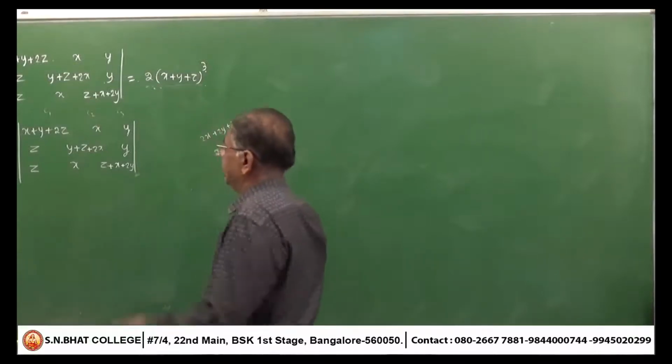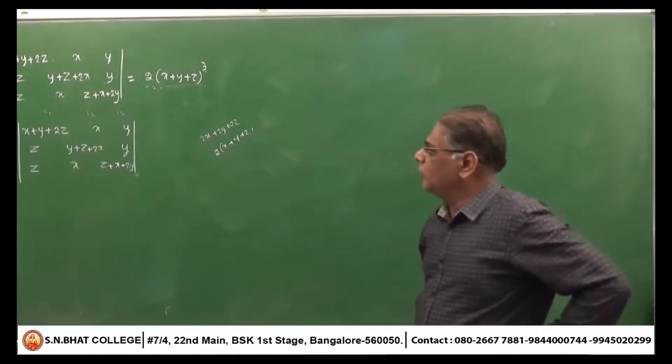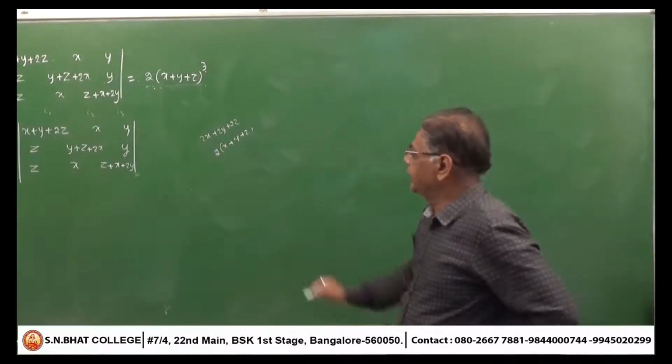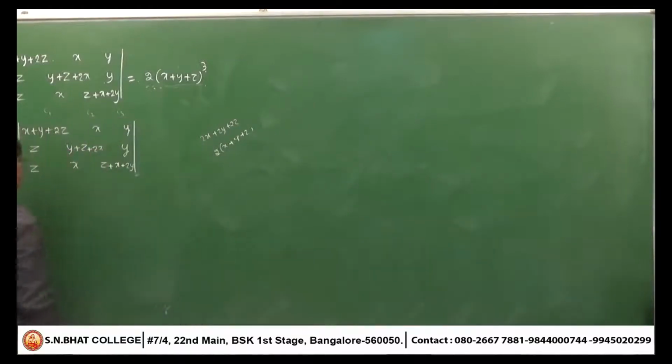Half of the answer you will get if you add all the three columns. In which column do you have to write it? You should write it in column number 1. C1 dash is C1 plus C2 plus C3.